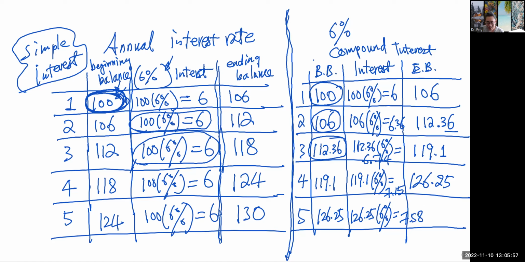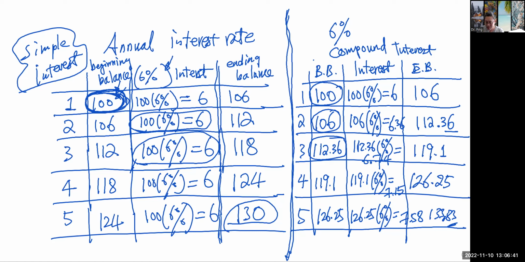You add 126.25 and 7.58, and you get 133.83. Now, so far it doesn't seem like much of a difference. At the end of the fifth year, you only got $133.83 compared to 130, just $3.83, which is not that much.